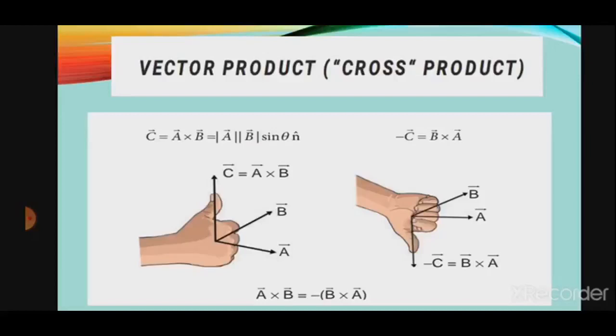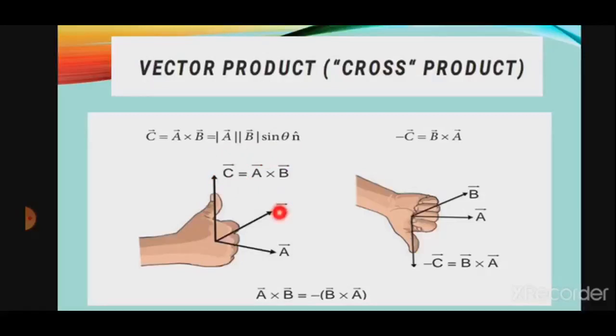If the curvature of the fingers of the right hand represents the sense of rotation of the object, then the thumb held perpendicular to the curvature of the fingers represents the direction of the resultant vector C. Now we consider two vectors, A vector and B vector, in the direction of plane n unit vector, so that is equal to C vector.